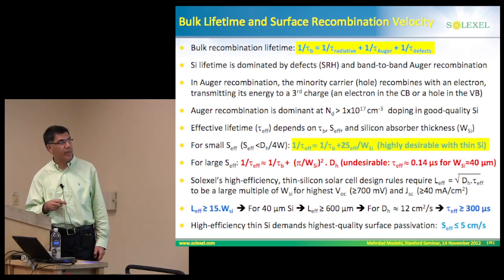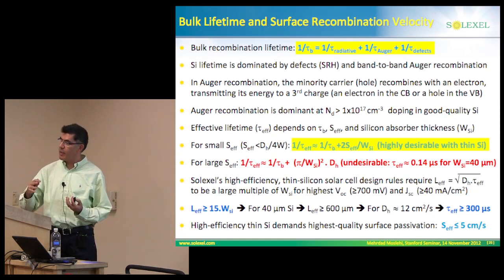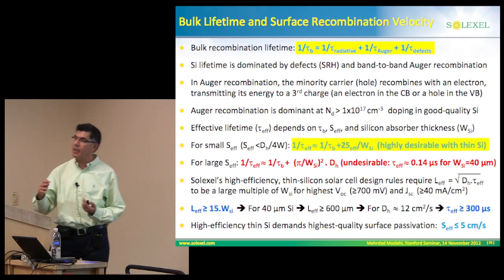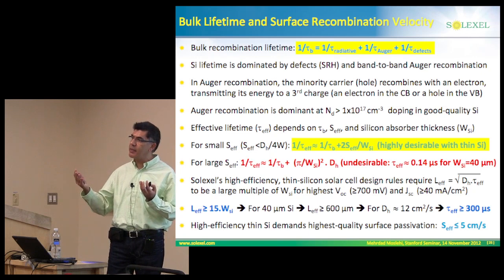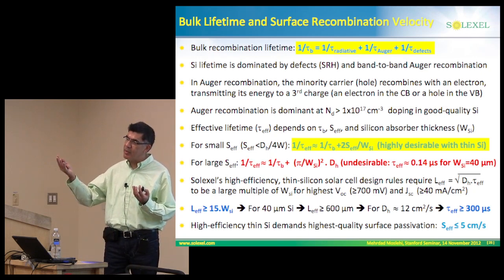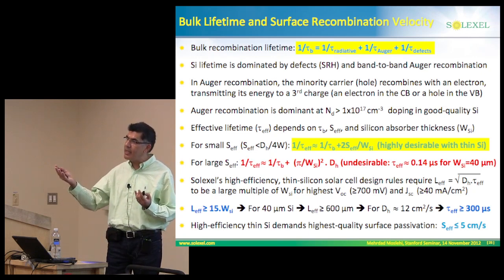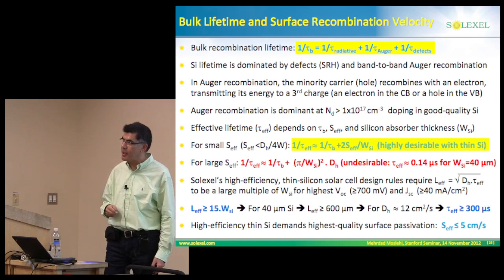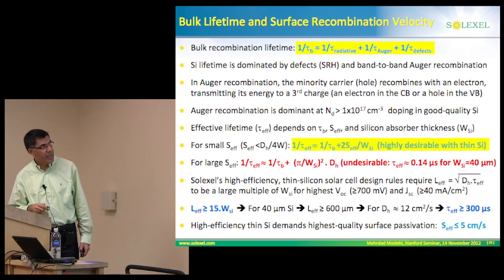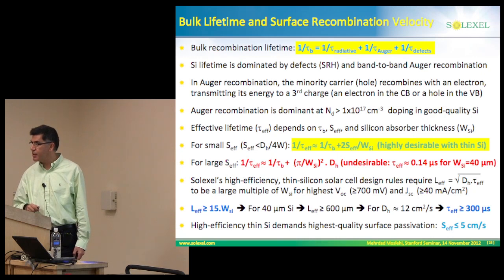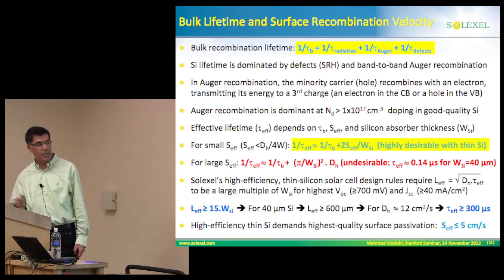Primarily in the case of lighter doped base, it's defects, and when you have very high quality material and your doping gets above 1E17, then you're limited by Auger recombination. Now, effective lifetime depends on bulk lifetime, surface recombination velocity, and absorber thickness.